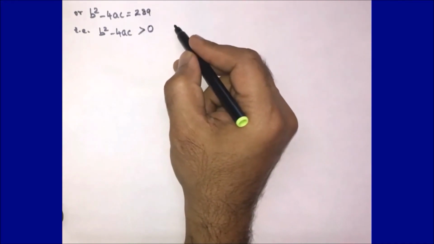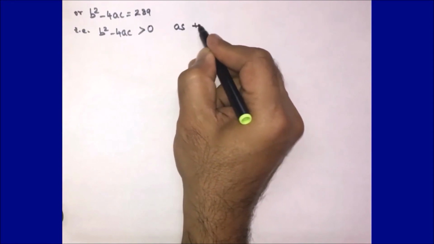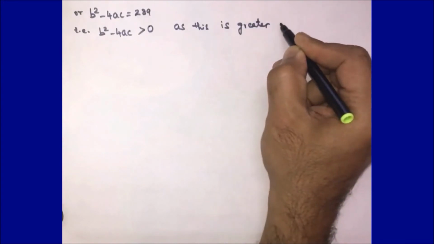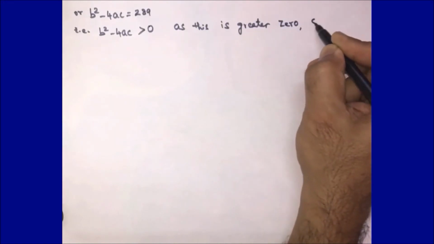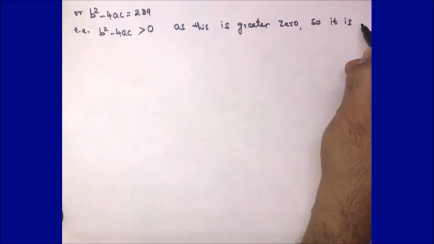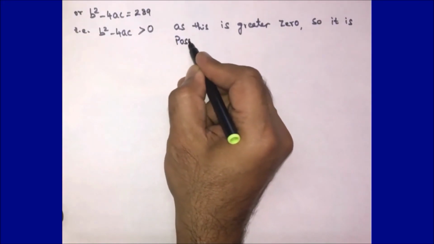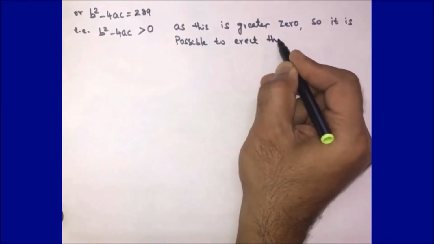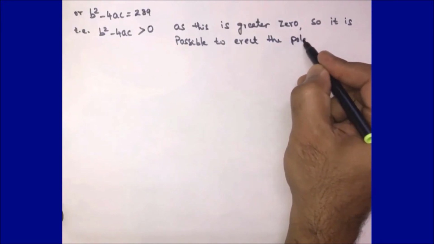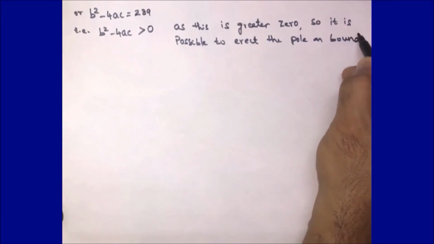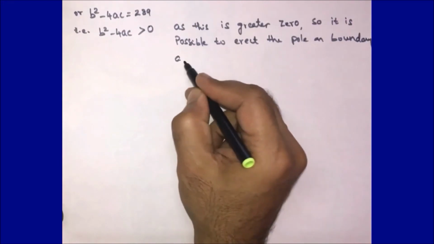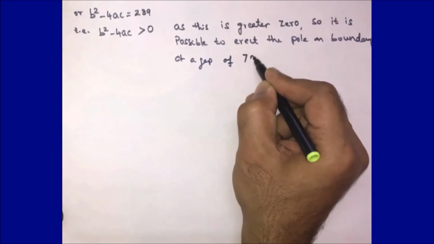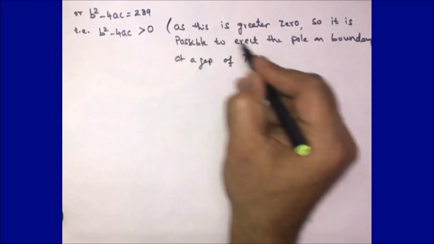As this is greater than 0, it is possible to erect the pole on the boundary at a gap of 7 meters, or a difference gap of 7 meters, I can say.